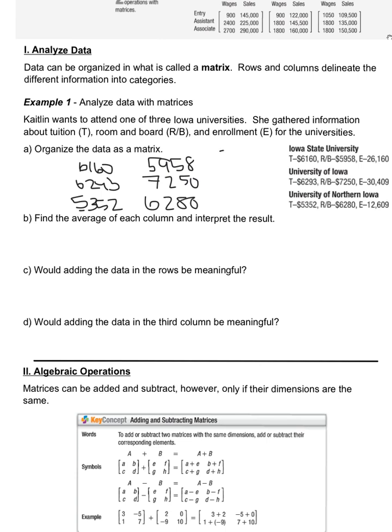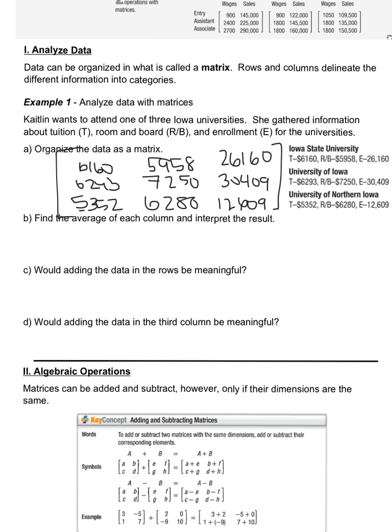And then the enrollment column is 26,160, 30,409, 12,609. So we have literally just organized the data into matrix form.